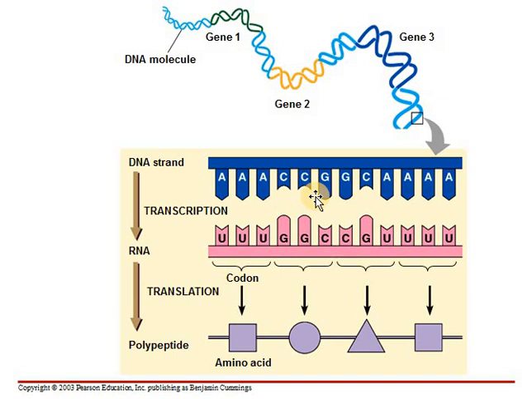Instead of T you have U in the case of RNA. Always remember that. Wherever you have C in the DNA strand, you create an RNA and put a G there. C, G, G, C, G, C, C, G. Whenever you have a nucleotide, you put its counterpart.